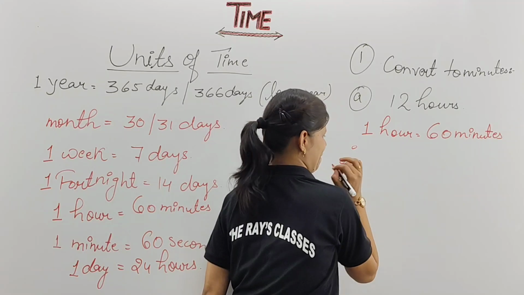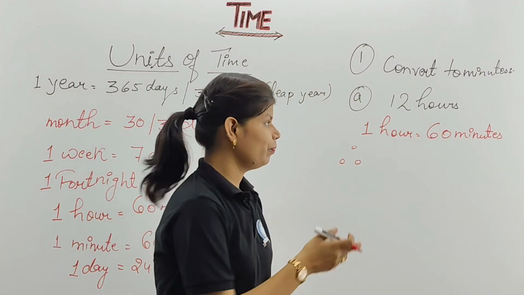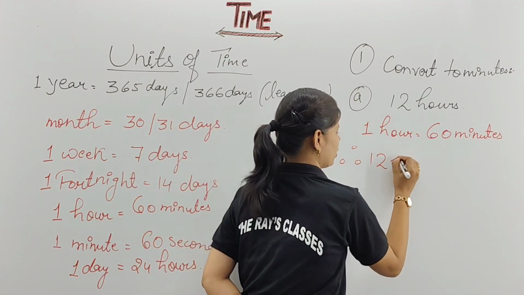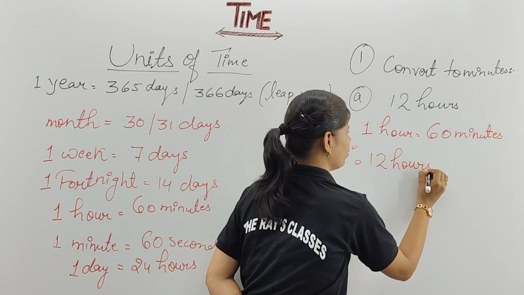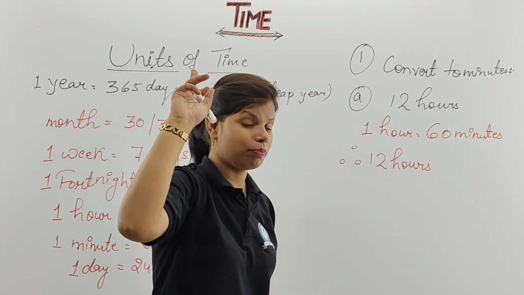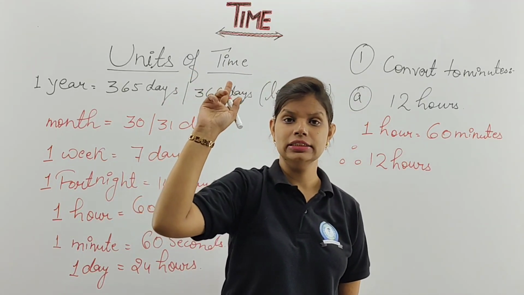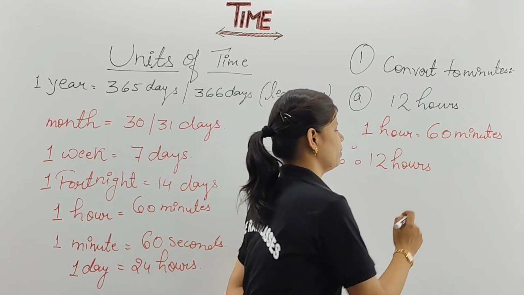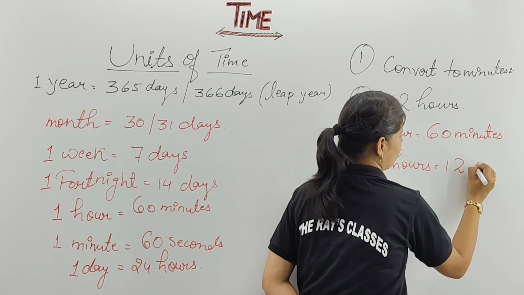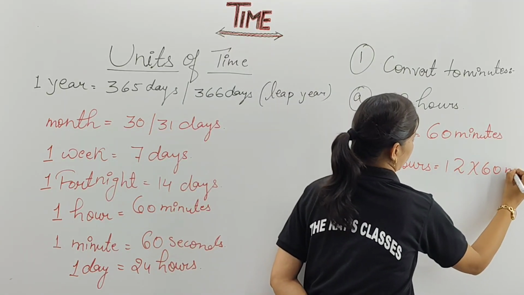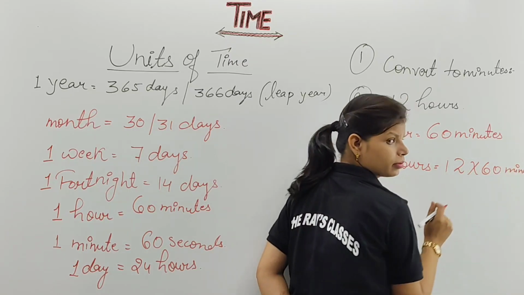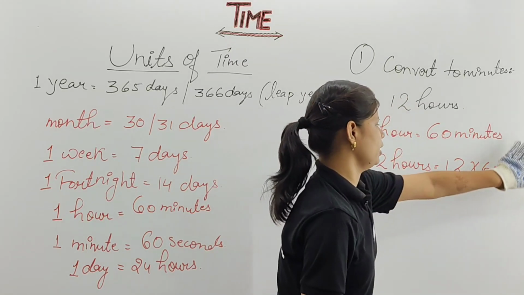Therefore, 12 hours equal to, you know already when you have to convert bigger unit to the smaller unit from previous chapter measurement. Good. We have to multiply. 12 multiplied by 60 minutes. Minutes short form I will write as MIN.